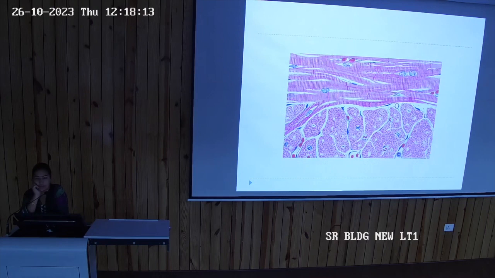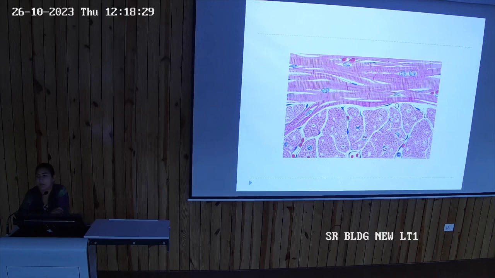Location of the muscle fibers. Skeletal muscle fibers are found on the bones, and smooth muscle fibers in the visceral organs.